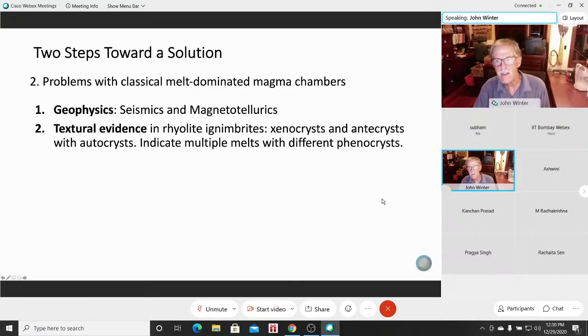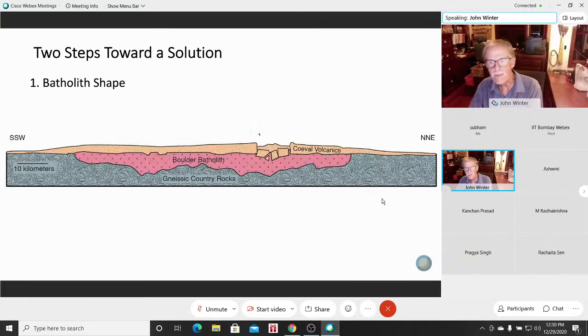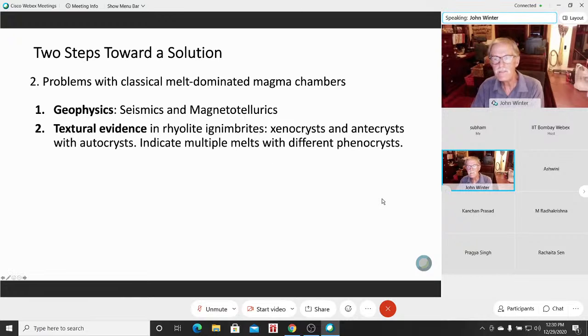In other words, you might find an old, highly calcic plagioclase crystal in a rhyolite ignimbrite where the rest of the crystals are all pretty albitic instead. But there's some correlation between these, that they look like that plagioclase crystal was part of a melt that evolved to this one. And autocrysts are what we really thought of as phenocrysts, and they belong there.